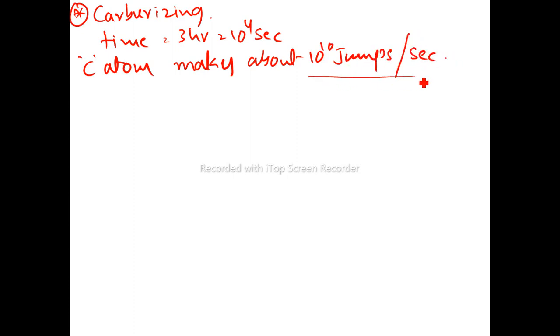This means this is the frequency. Then we have n equal to 10 to the power of 4 into 10 to the power of 10. That means 10 to the power of 14 jumps it will take.